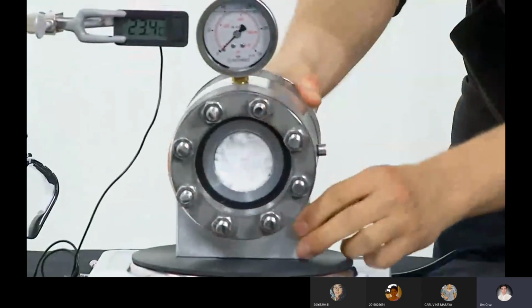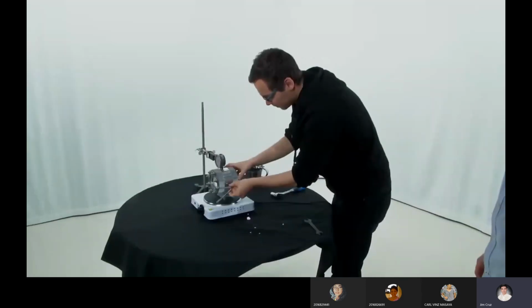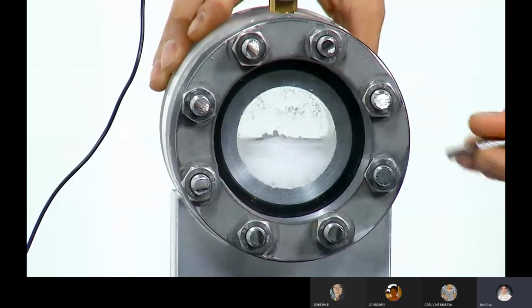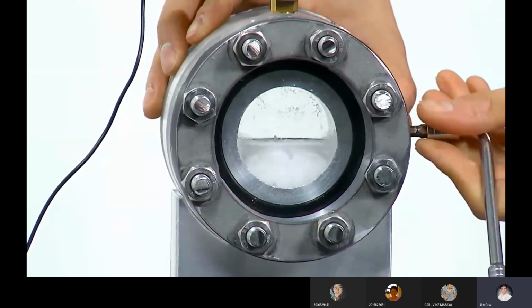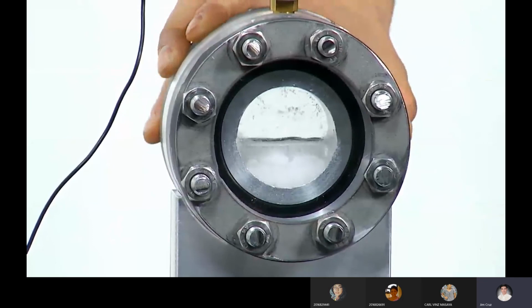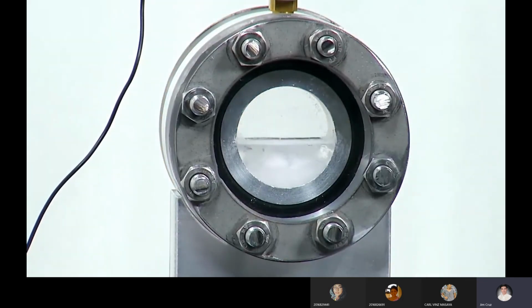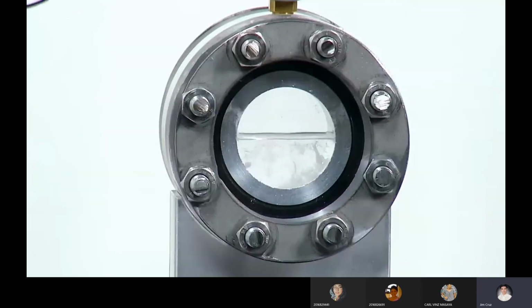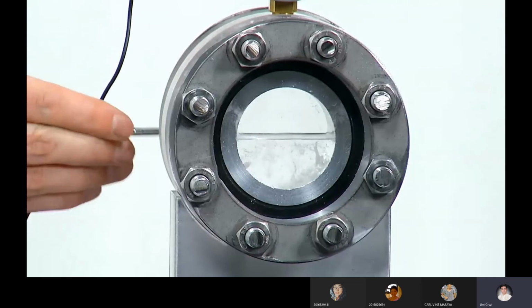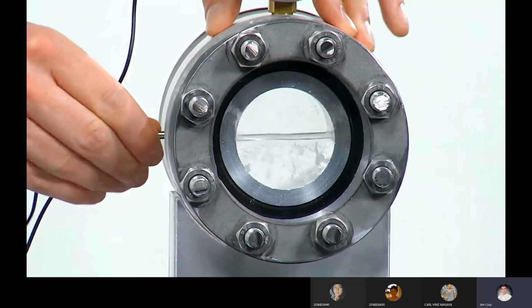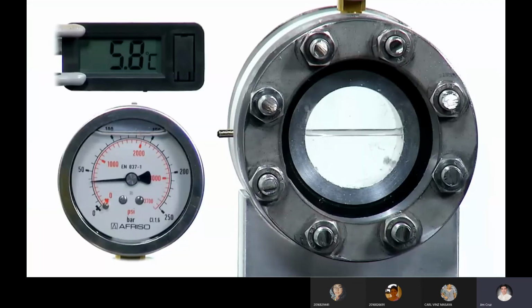We put some dry ice into the tank and seal the tank. As the pressure tank is completely sealed, the pressure builds. The dry ice starts at a low temperature, but with the rising pressure, it soon turns into a saturated liquid vapor mixture at about 40 bar and 5 degrees Celsius. By applying heat to the tank, we increase the pressure and temperature towards the critical point at constant volume.